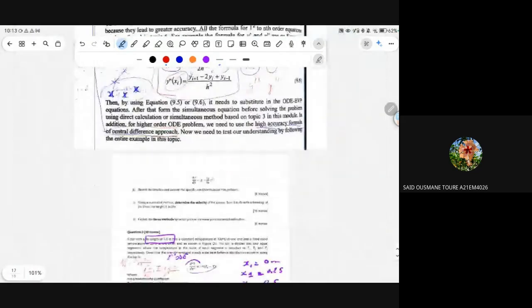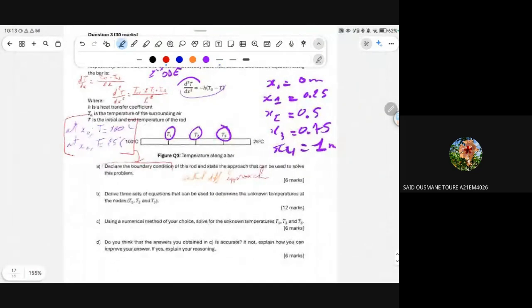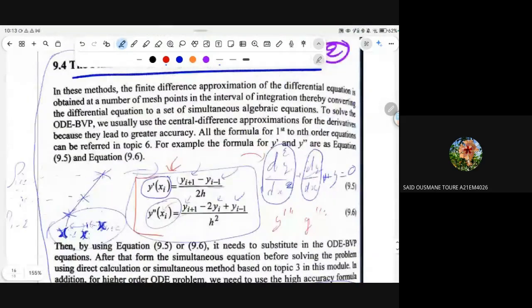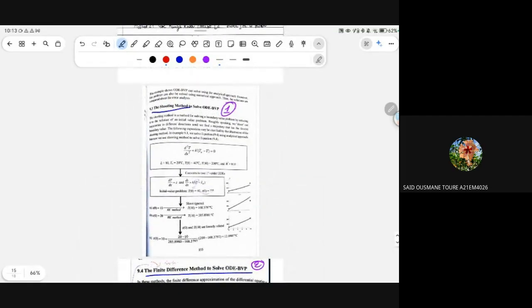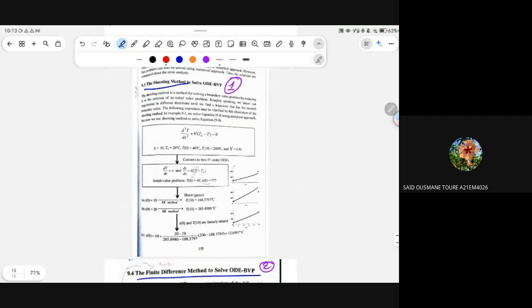They say derive 3 sets of equations that can be used to determine the unknown temperatures. The problem I had with this question is that they don't tell you right away to choose a method. So you're still deciding whether to go for the shooting method or the finite difference method.